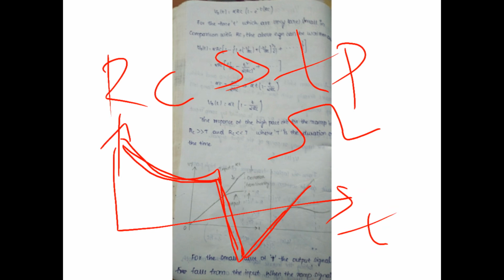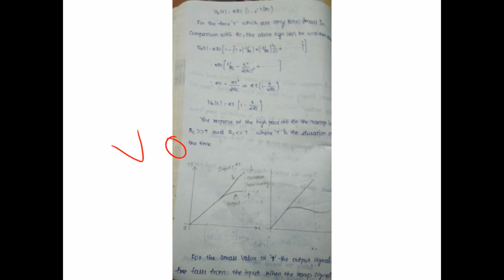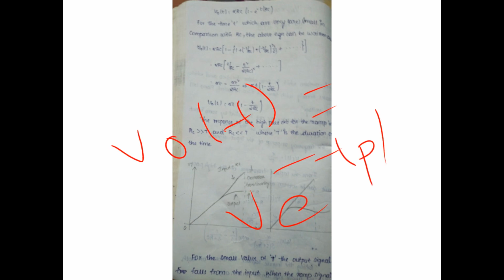Based on this, when you apply the time constant RC far greater than TP, the capacitor charges and produces the output voltage exponentially, and after reaching some voltage, it rises again. In that condition, the output voltage can be written as V out is equal to V e power minus TP by RC.